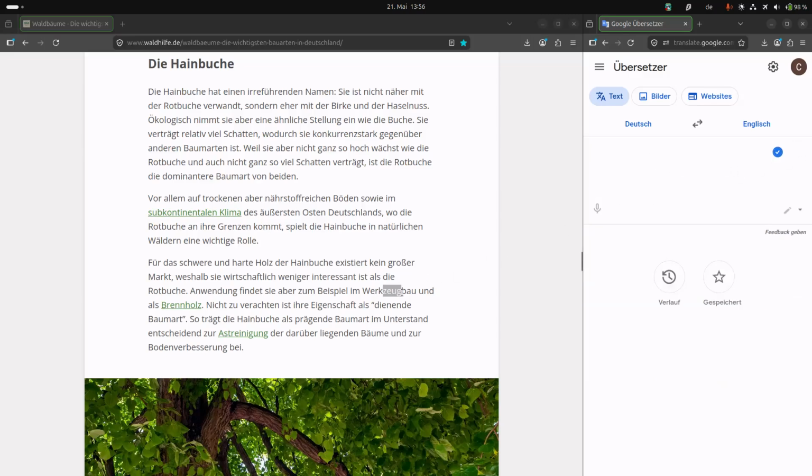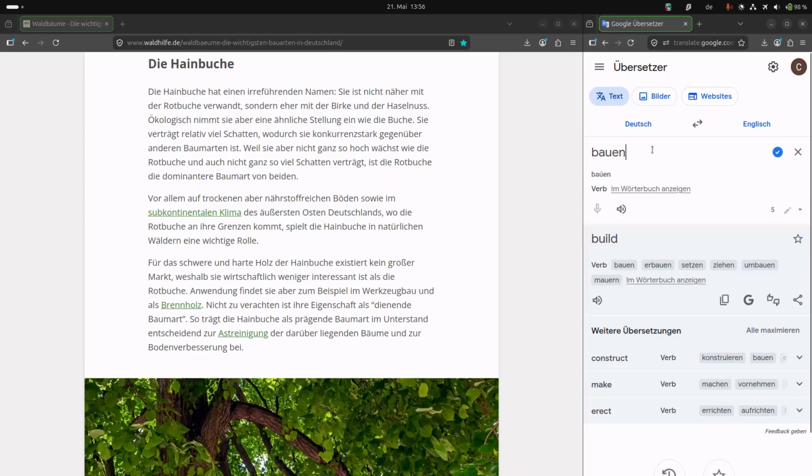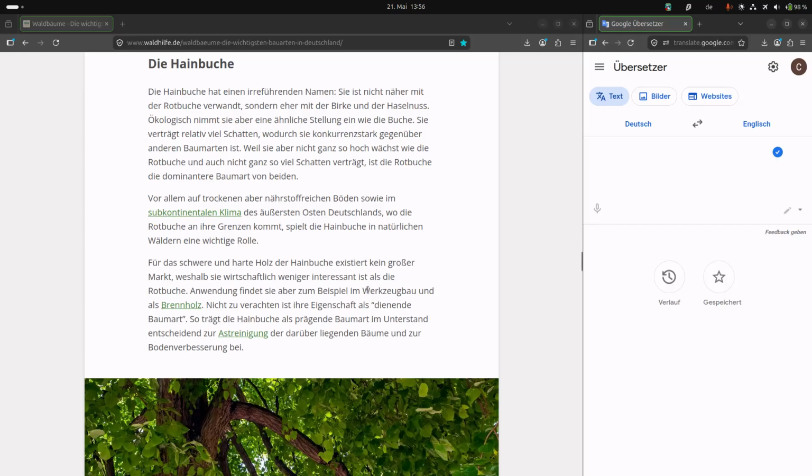So, Werkzeug. Let's first translate Bau, which derives from the word bauen, which means to build, create, construct. I think you get what I mean. And so here we have work, or final piece of art, you could say final product.